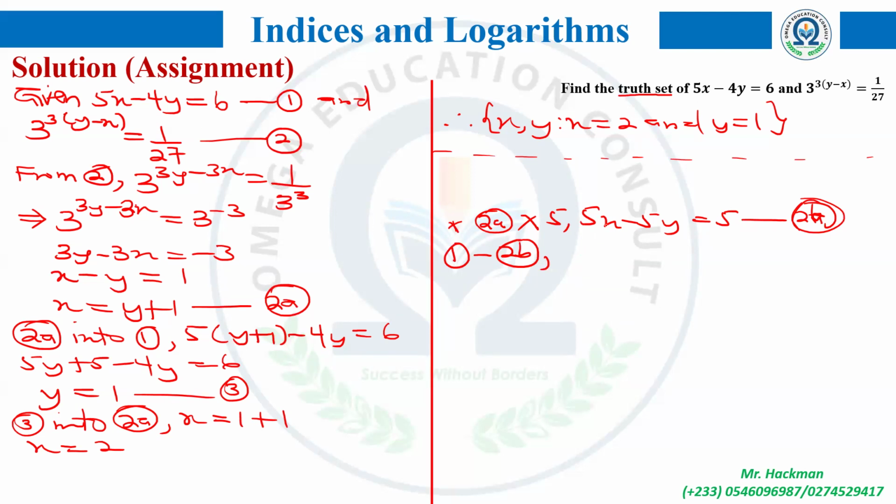You've eliminated x. And you get minus 4y plus 5y, and that will give y, and that will be equal to 6 minus 5, that is 1. We call this equation 3 now. And you go and substitute this one into any of the equations, preferably this one, and find x.